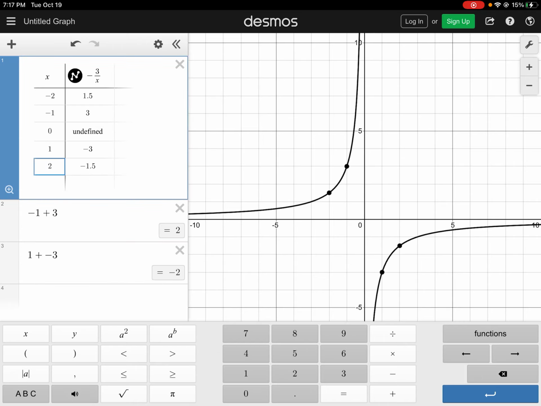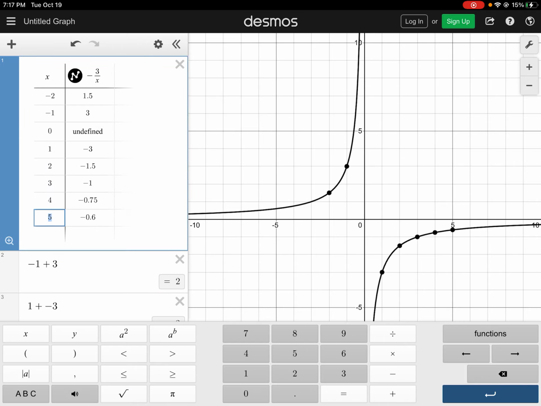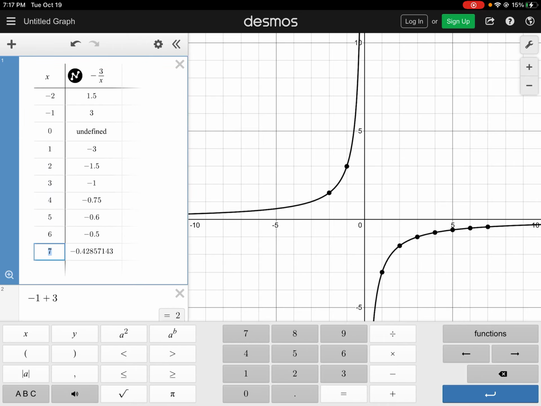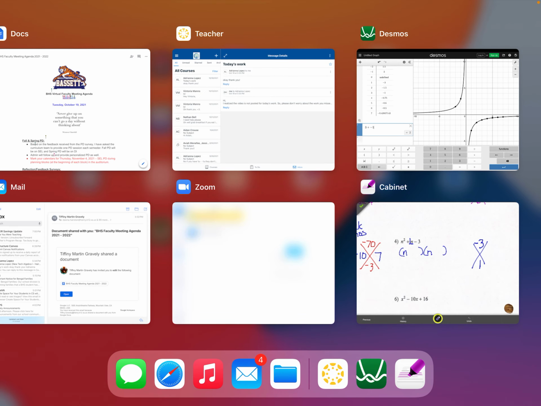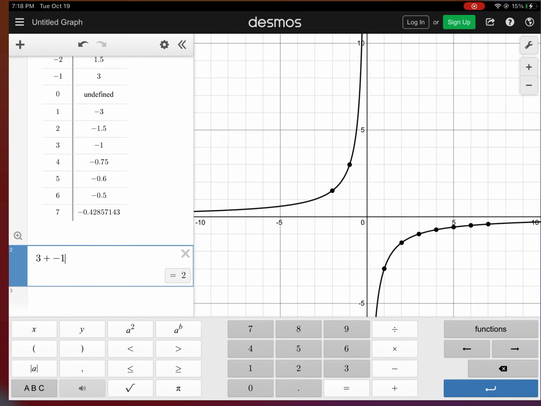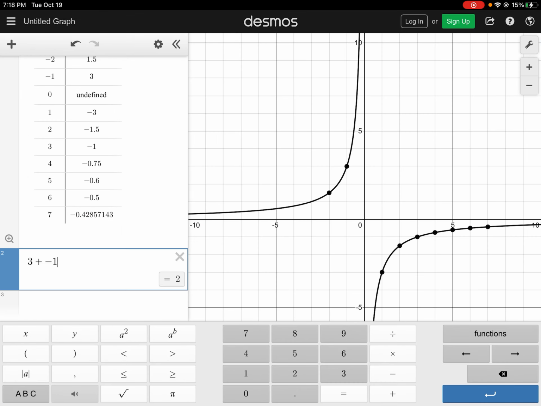So click on the 2. Let's add some to our table. Let's try 3 and negative 1. Oh, let's get that out of there. All right, 3 plus negative 1 is positive 2.